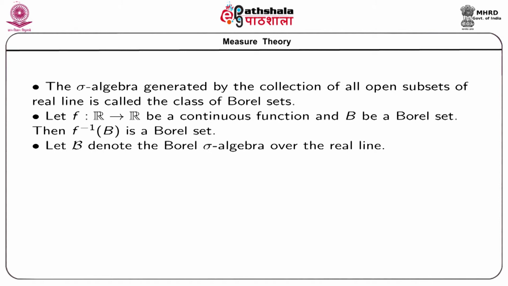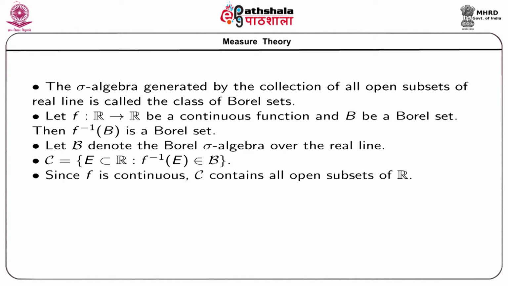Let us denote by script B the Borel sigma algebra over the real line. Let us denote by script C the collection of all subsets E of R for which f inverse E belongs to script B. Since f is continuous, note that the inverse image of an open set is open.